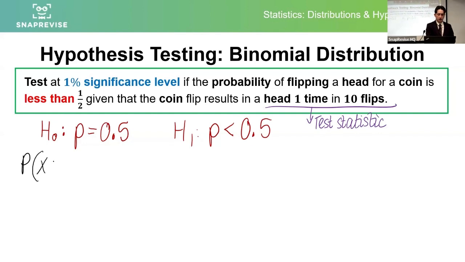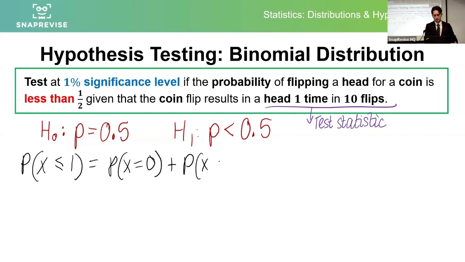So we want to work out the chance of less than or equal to 1. You could use the binomial cumulative, or if you used to use the PD function, you could do x is 0 and x is 1 added up. So n is 10. We want 1 success and 9 fails.